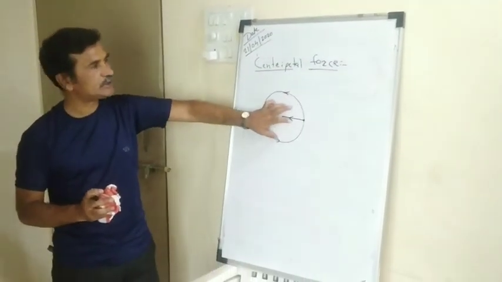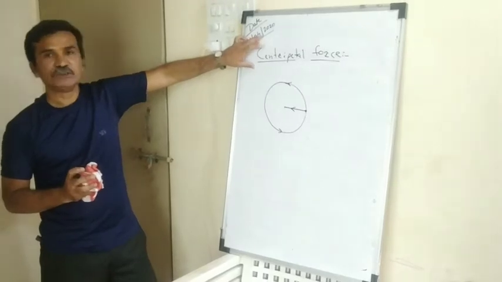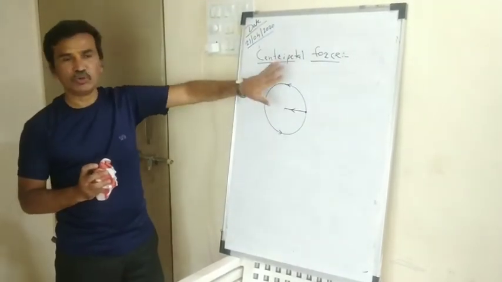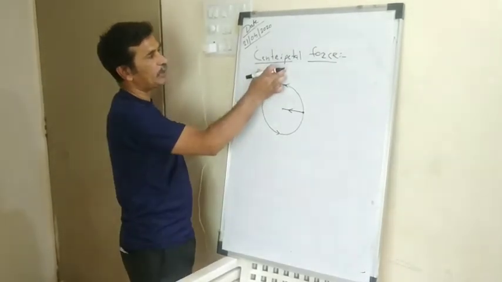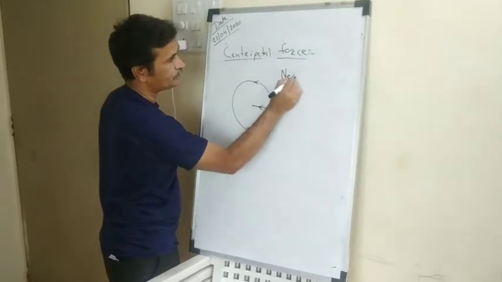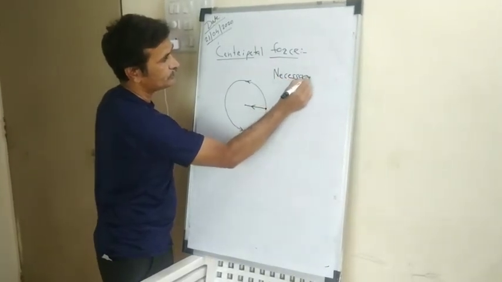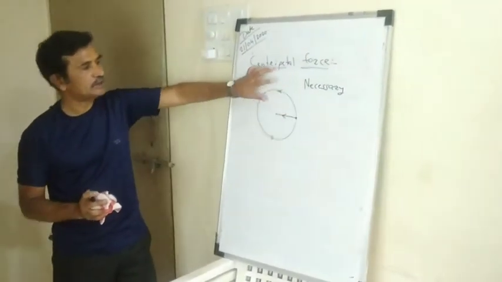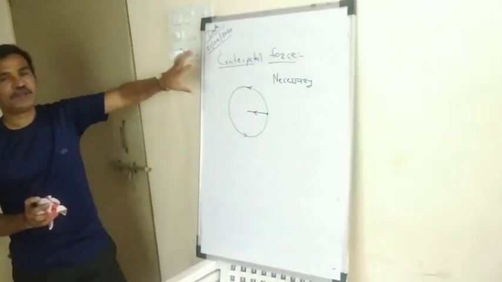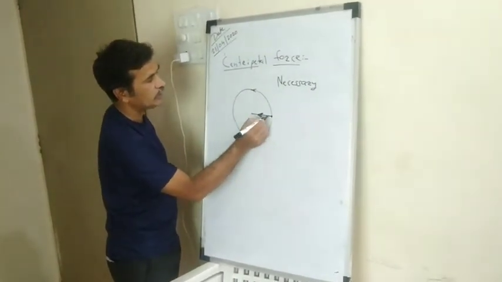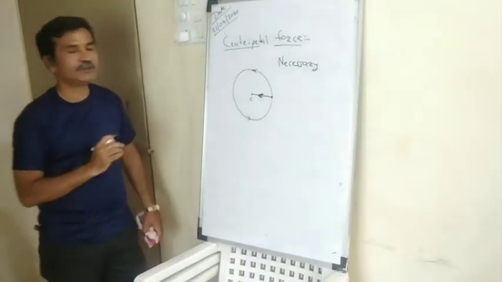This force is called, in scientific language, centripetal force, which is necessary for circular motion. So we can define centripetal force as the force which is necessary for circular motion, and it is always directed to the center of the circle.